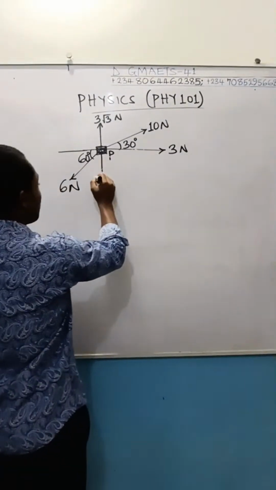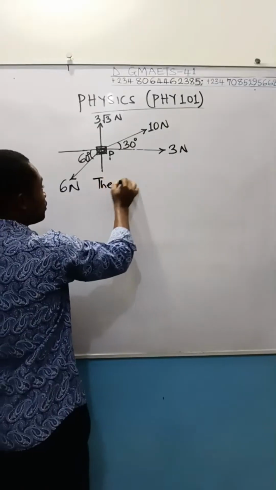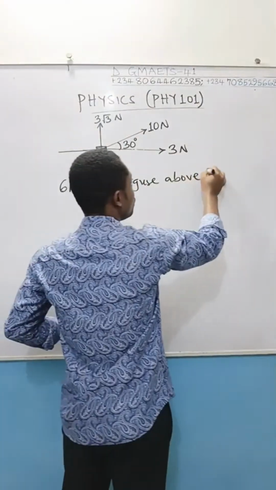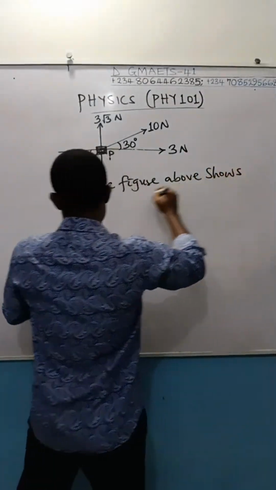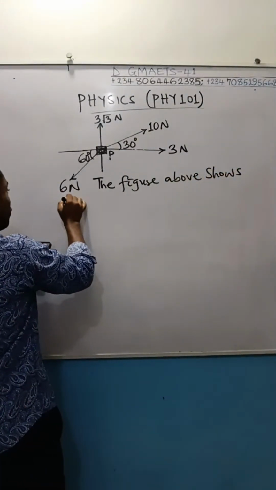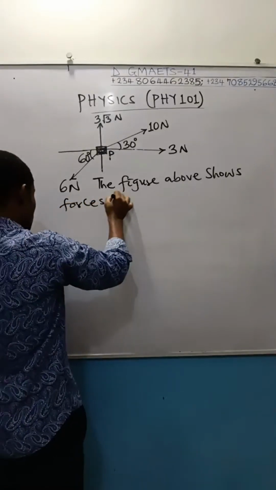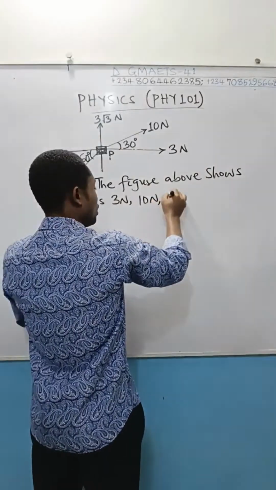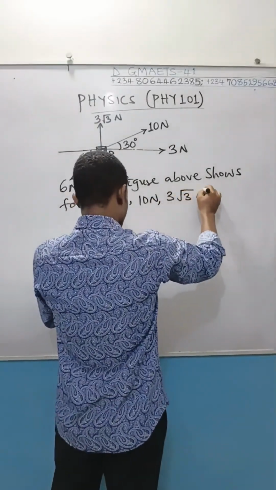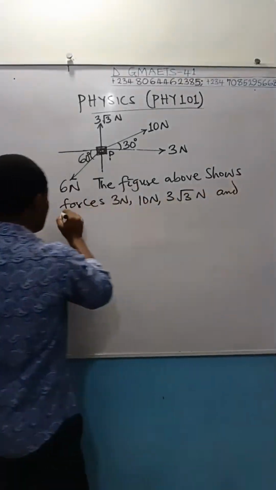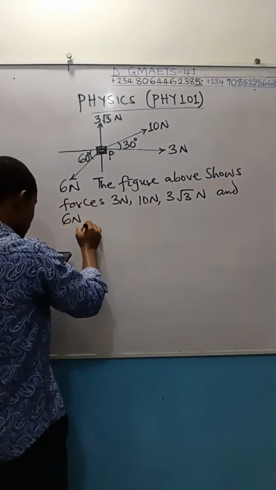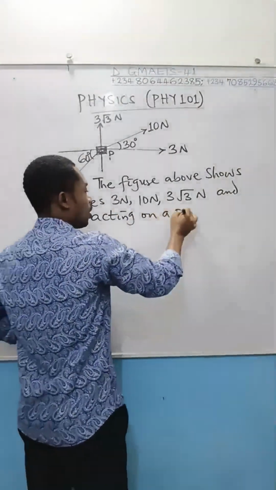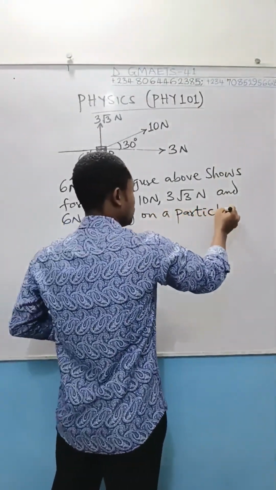The figure above shows forces 3 Newton, 10 Newton, 3 root 3 Newton, and 6 Newton acting on a particle.